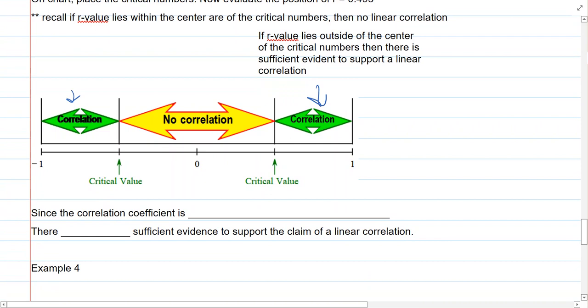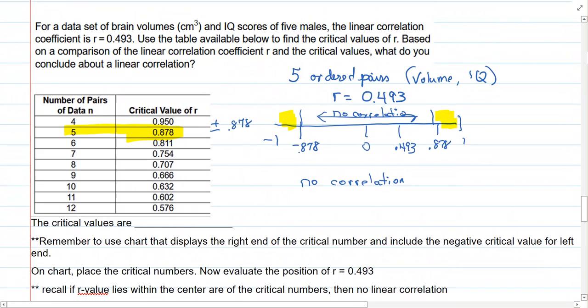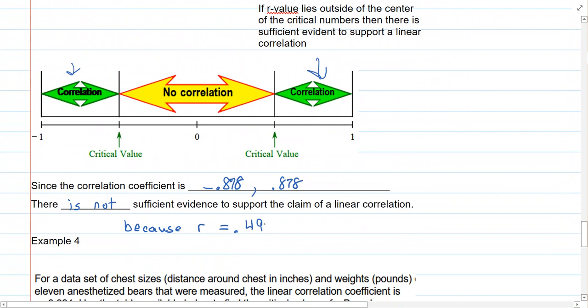So we understand that our number, we already drew it up there, since the correlation coefficient is between negative decimal 878 and positive 878, there is not sufficient evidence to support the claim of a linear correlation, because R equals decimal 493. It lies within this area here.